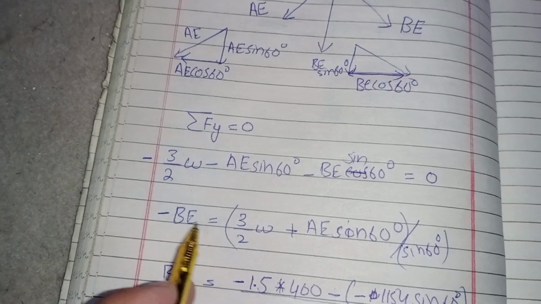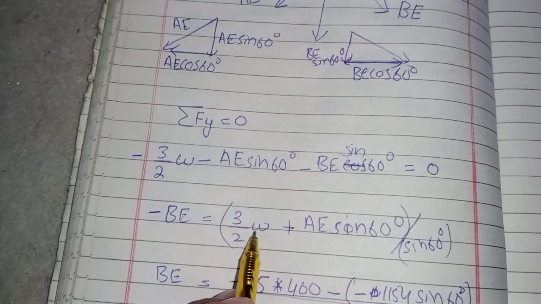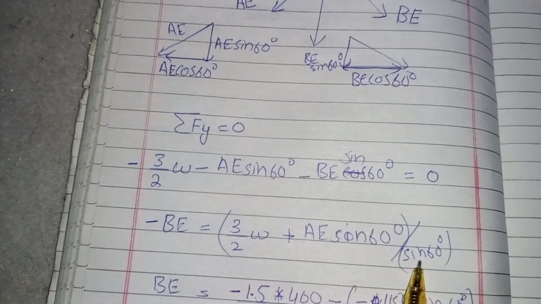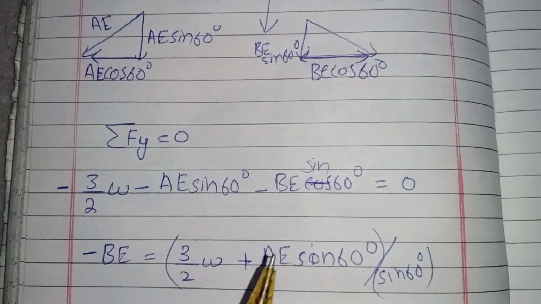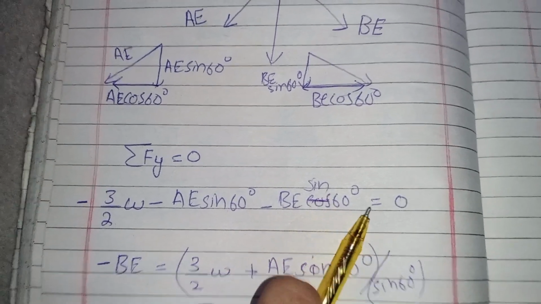So negative BE will equal 3 divided by 2 W plus AE cos 60, negative BE sine 60.